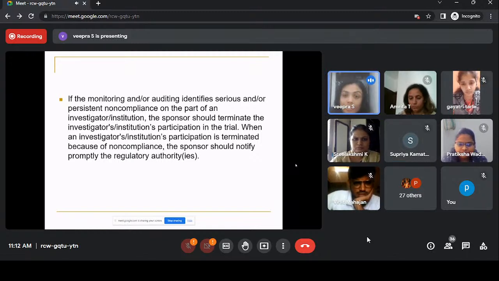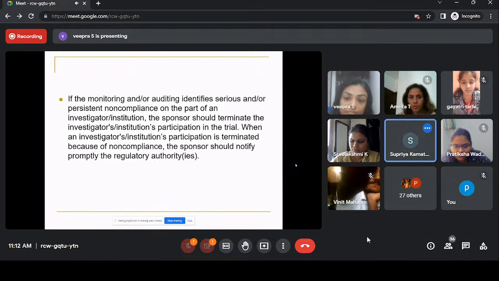When we discussed the different regulations, we also discussed this. In case any termination is done, such information has to be notified to the regulatory agency. Who will notify the regulatory agency about the termination or suspension? The sponsor.